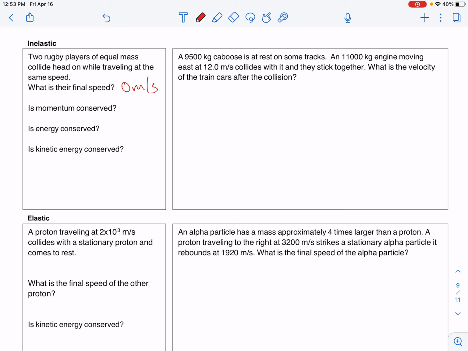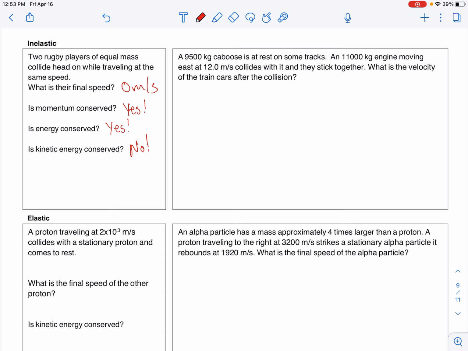It's perfectly inelastic. The total kinetic energy is not conserved. However, is momentum conserved? Yes. Is energy conserved? Yes. The main thing that's not conserved is a specific form of energy, which is kinetic.